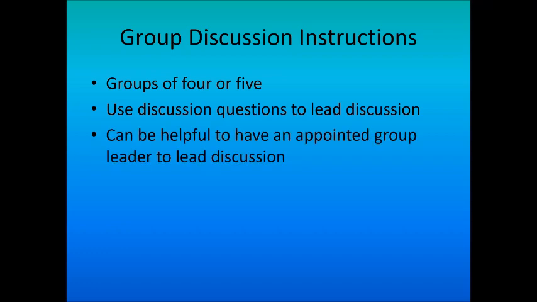Okay, it can be helpful to appoint a leader for the discussion to kind of be that person who decides that the discussion is ready to move on, so that you're not just relying on the group dynamic to make that decision. You can have that one person who is the taskmaster to bring you back and move on to the next question.